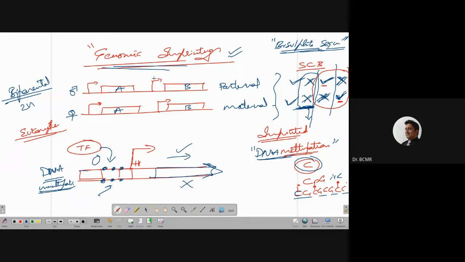So when I say a sentence like gene A is paternally imprinted, what I mean by that is this is the paternal allele of gene A, paternal because it's coming from the father. Imprinted would mean that there is methylation in this region. If there is methylation, then we will not have any transcription.